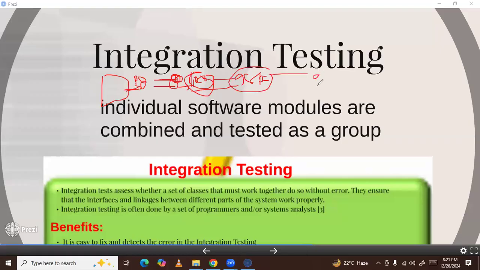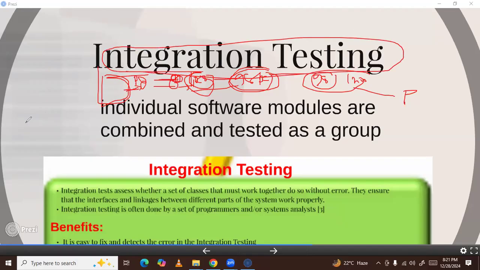The 98 is the output, but it is the input for the invoice, because the invoice quantity will be 98. Based on that, payment will be made. So one system's output is treated as another system's input. This is how integration happens, and this testing is called integration testing.